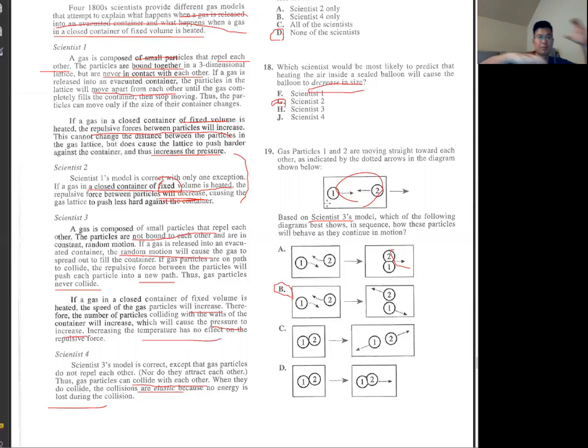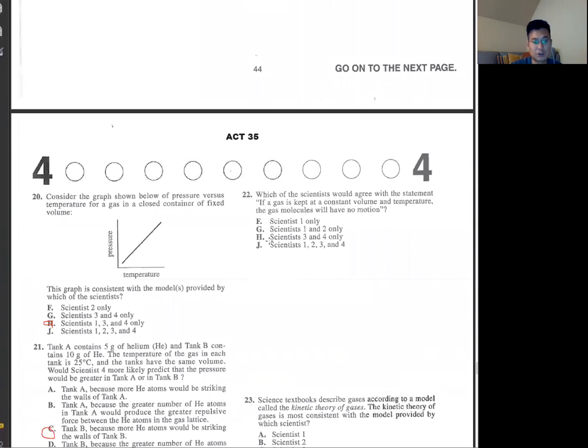That's the time they move apart, but otherwise it stays the same. And then scientist 2 says the same thing, that scientist 1's model is correct with only one exception. So everything is the same. Because of that, the answer is G.